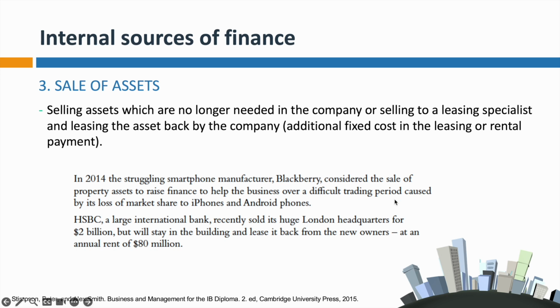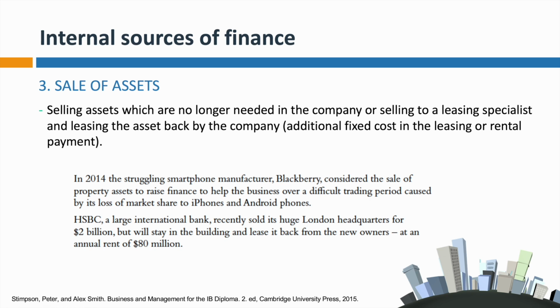An example, which I'm taking from the textbook that we're using, the Simpson, Peter and Alex Smith Business Management textbook, is the example of HSBC, a large international bank. It actually sold its London headquarters for $2 billion, but then later they stayed in the building and they leased it back from the new owners.